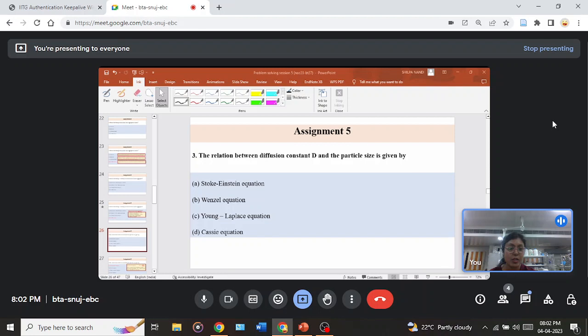I have got the answer from Amardeep, he is saying the answer is A. So what is particularly the Stokes-Einstein equation? If you can read it out loud, can you? What was the expression for it?